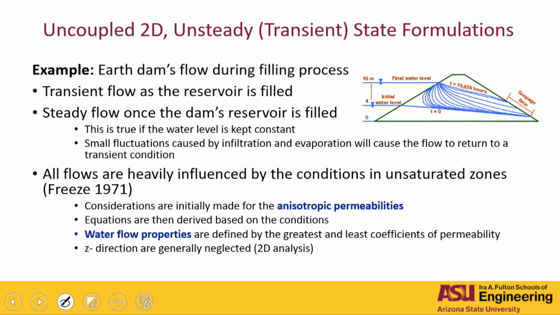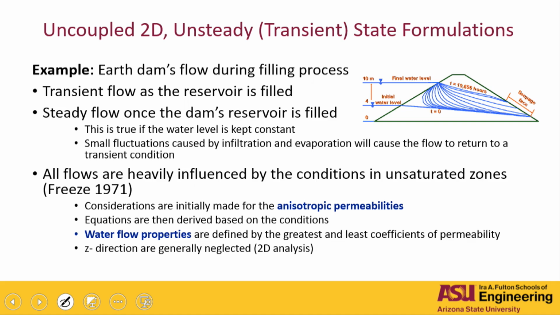So let's go, for example, to an earth dam. And we're going to go a little bit more on the running fluxes on this one. During the filling process, so you make an earth dam, and I didn't put a core here, just a simple earth dam that has a filling process. It's going to be a transient flow, because it's going to be varying with time.